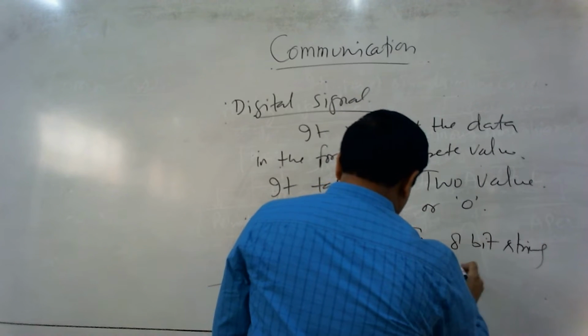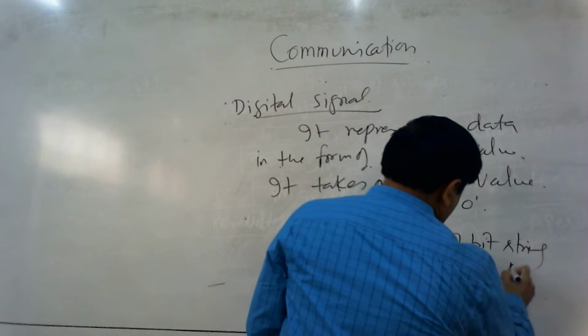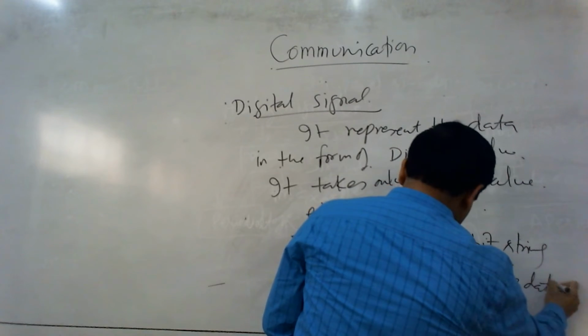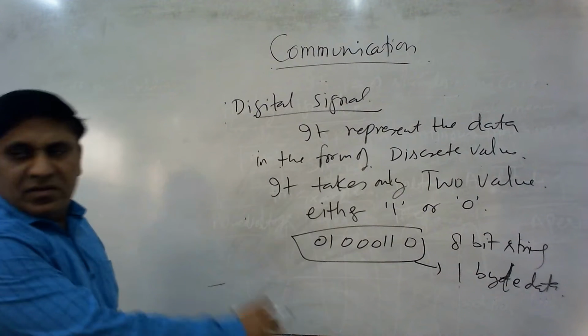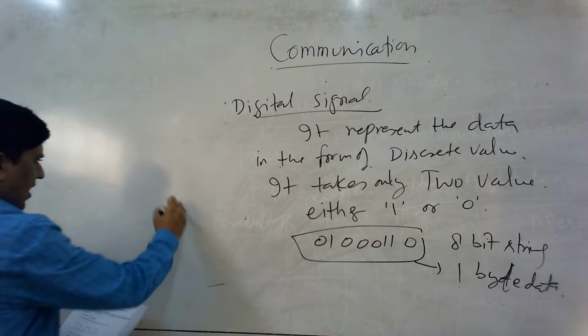It is called 1 byte of data. The waveform of this 1 byte data is like this.